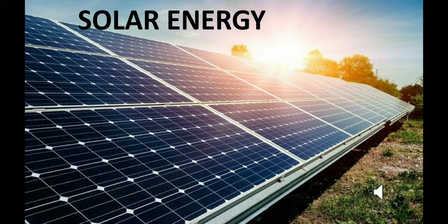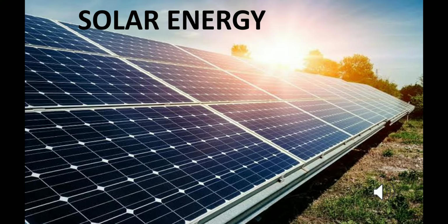We are the survivors on earth and we know the main form of energy is solar energy. All the forms of energy come from solar energy. What is solar energy?